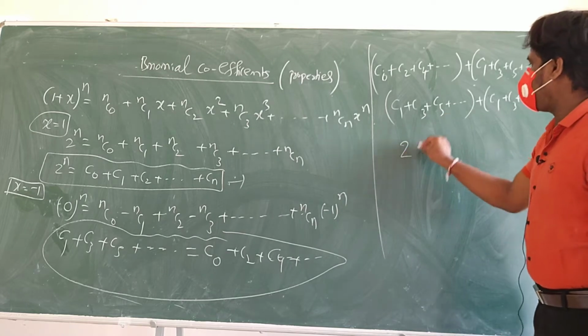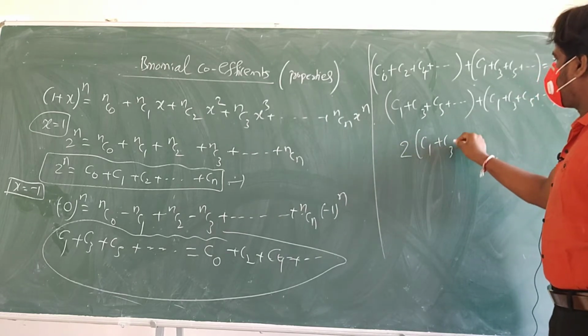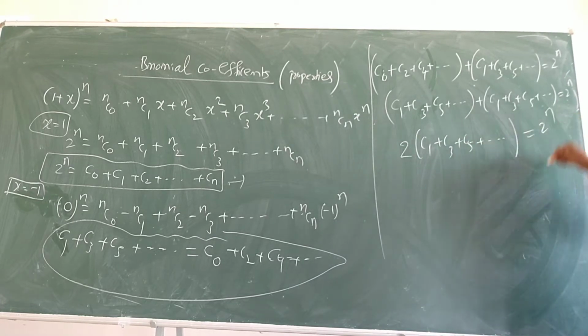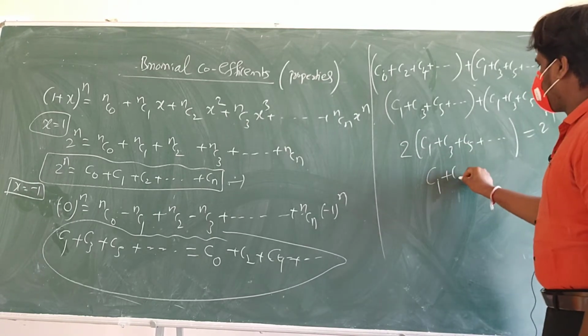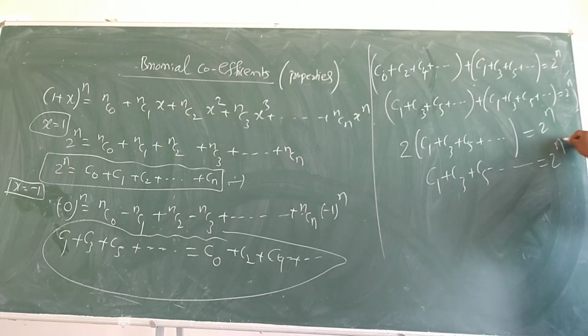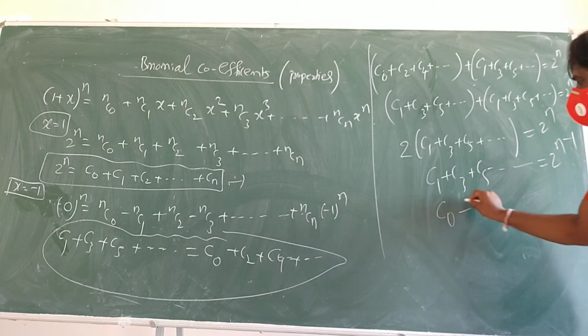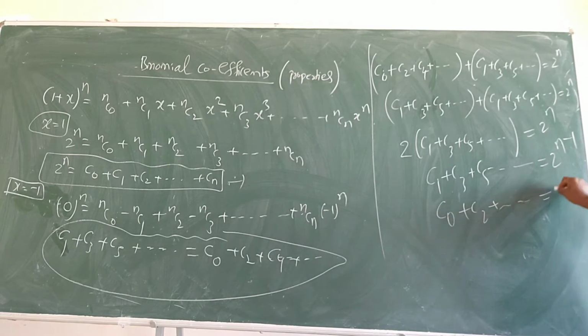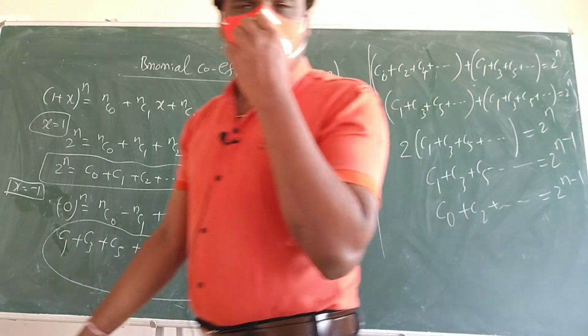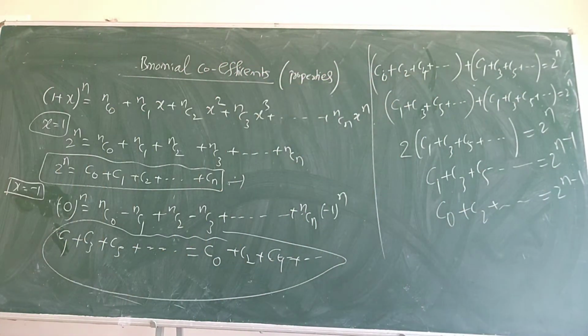Finally you get 2 times (C1 + C3 + C5 + and so on) equal to 2 to the power n. So C1 + C3 + C5 equals 2 to the power n divided by 2, that is 2 to the power n minus 1. Yesterday I already gave this formula, so this was a short revision. This you have to know. We'll go to the next concept.